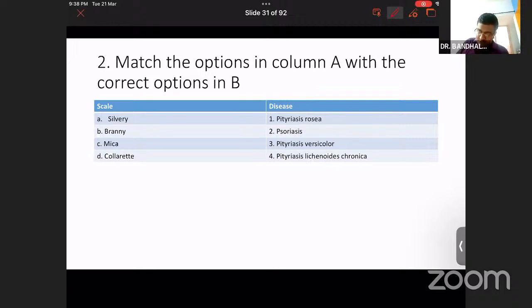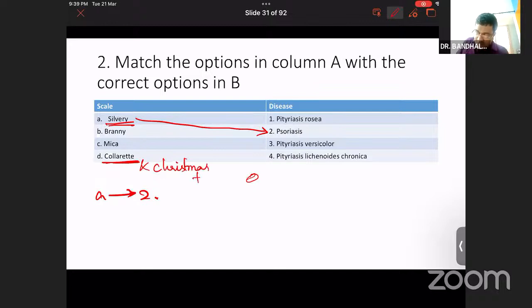For example, we know silvery scales are seen in psoriasis, which is a direct thing. So for option A, it is 2, psoriasis. Then the collarette of scales, which we have discussed in previous classes also, the Christmas tree pattern, those are seen in P. rosea.